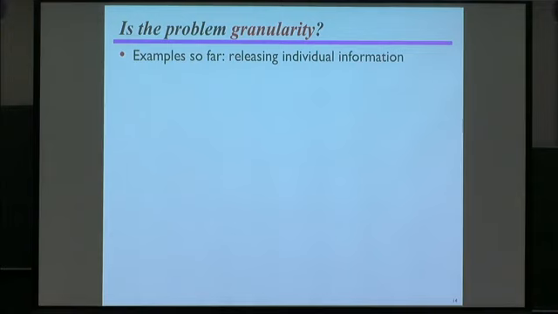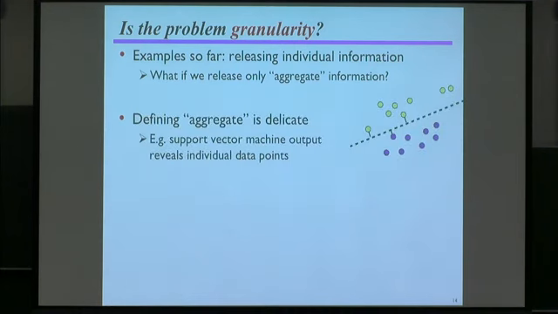So you might think a safe solution is to only release aggregate information. I'd like to convince you over the next 20 minutes or so that even that goal is not so obvious to achieve. Defining the notion of aggregate is very delicate.